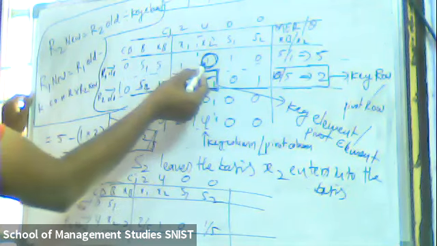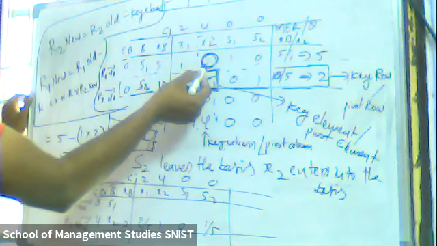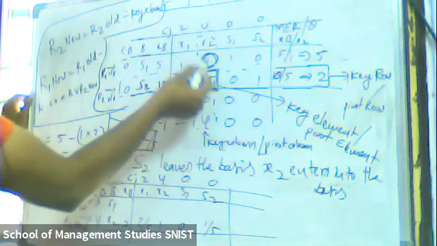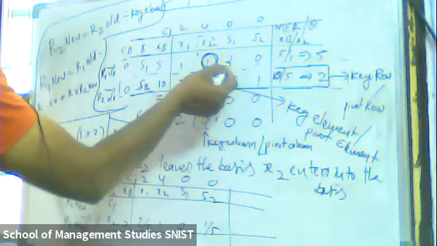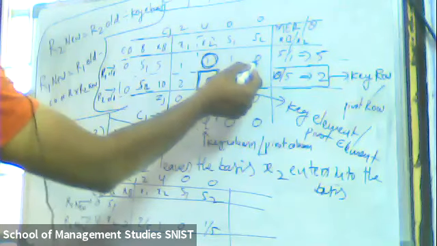To find out this, 1 minus 1 into 1, exactly, good. To find out this, 1 minus 1 into 0. To find out this, 0 minus 1 into 1 by 5. That's it.